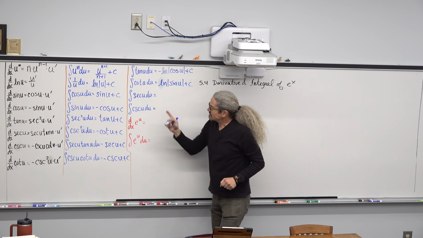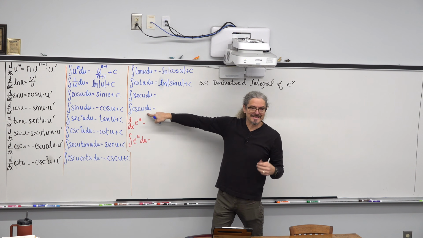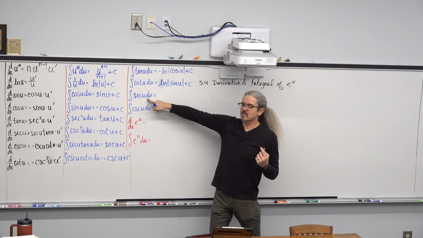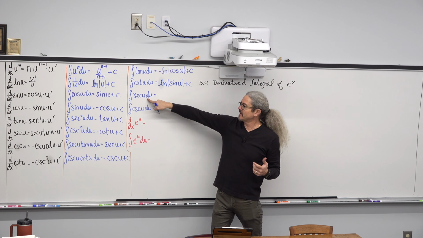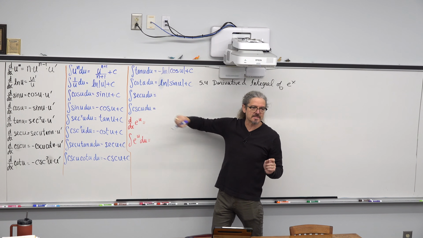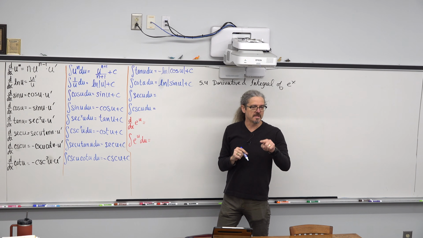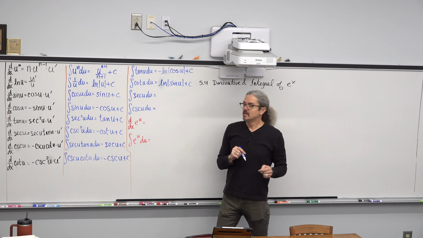Now, we don't honestly integrate secant and cosecant that often, but they can show up. In terms of these rules, I'm asking for the integral of secant of u, but what's the derivative of secant of u? Secant tangent.